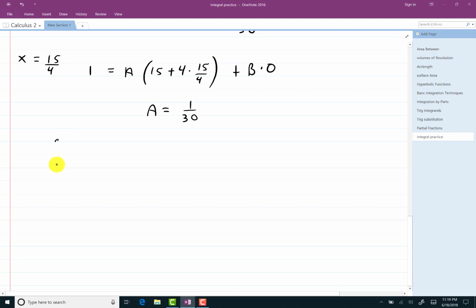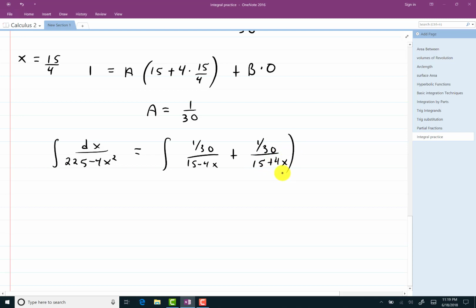My integral, let me put it back to what it was. That was 225 minus 4x squared. That's equal to 1/30th, a was over 15 minus 4x, and then b was over 15 plus 4x.